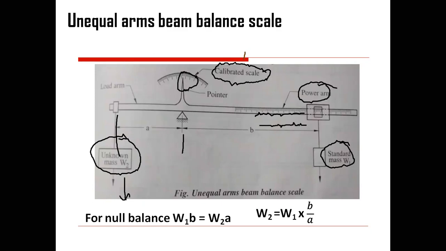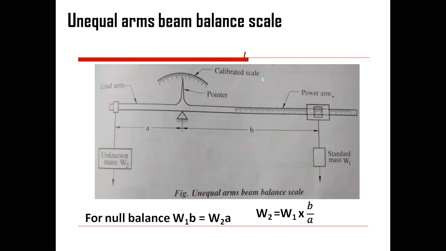You will adjust the position of this standard weight in such a manner that it becomes balanced. When the standard weight and unknown weight become equal, your pointer will deflect over here and achieve the calibrated or null position. Actually it is unbalanced, and we are trying to make it balanced.